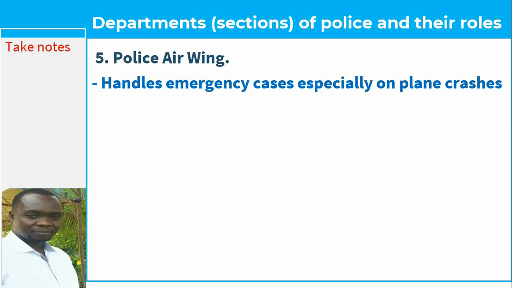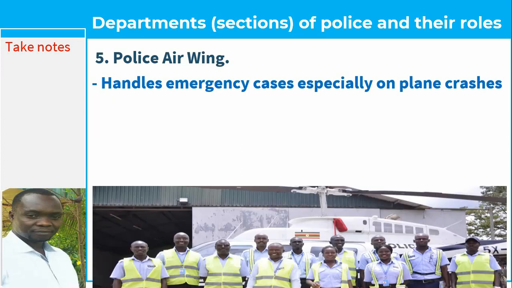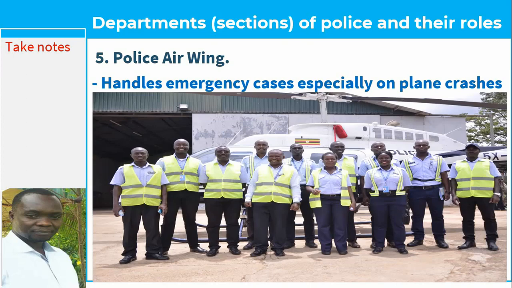When there is a plane crash, quickly the police air wing comes and they help to rescue people and their property. So these are the pictures of our friends in the department of the police air wing. The role is to handle emergency cases, especially on plane crash.